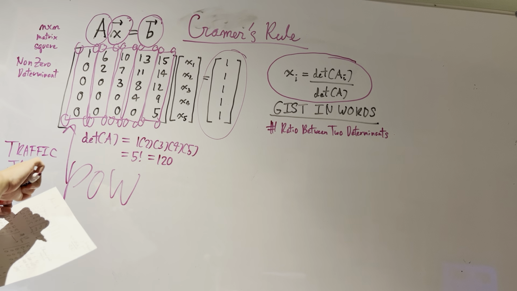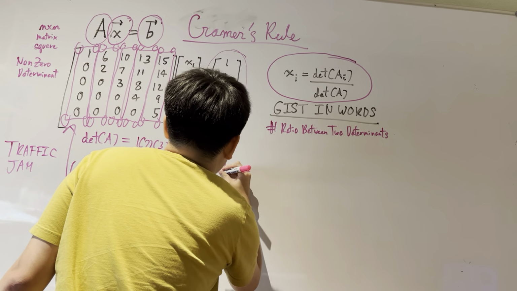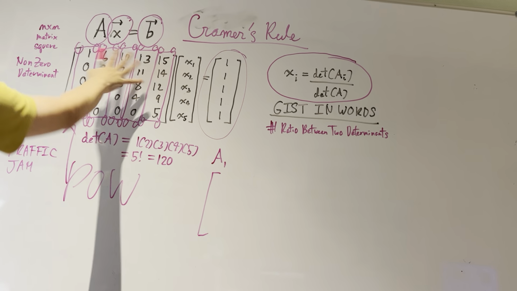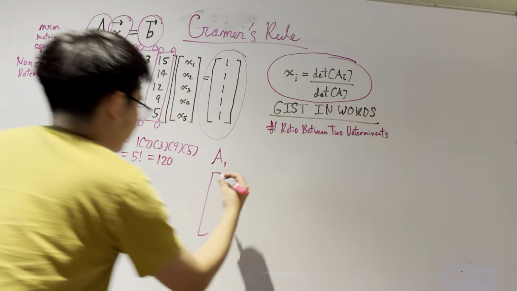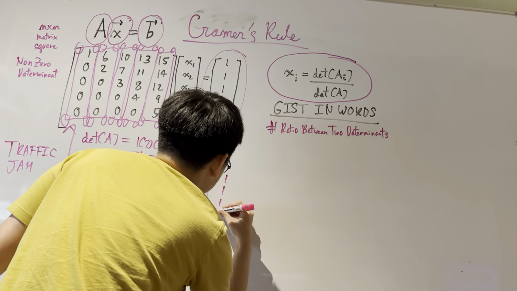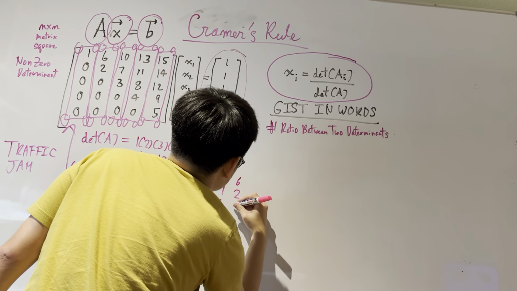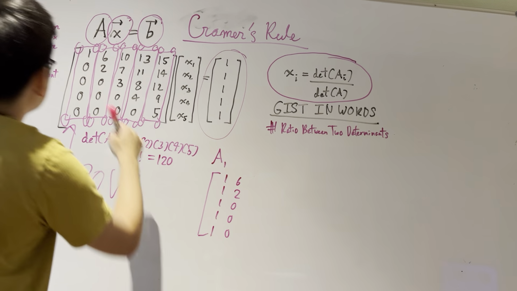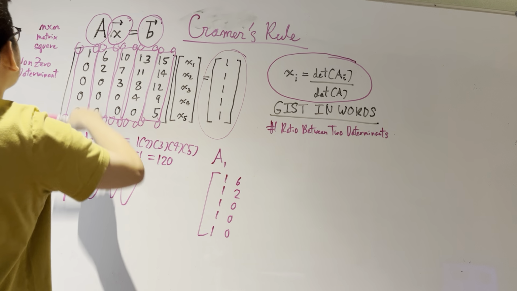So we would create a special kind of matrix, A1, which would just be this entire thing, except with this column replaced by this guy over here. So we're going to get 1, 1, 1, 1, 1, and that's going to be 6, 2, 0, 0, 0. Sorry, just making sure it's all right.